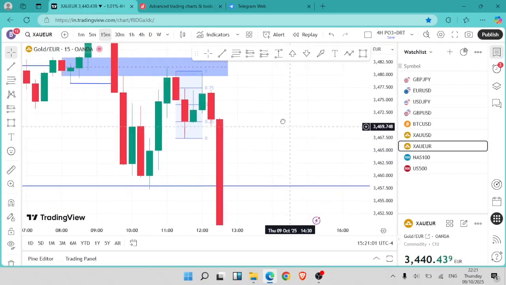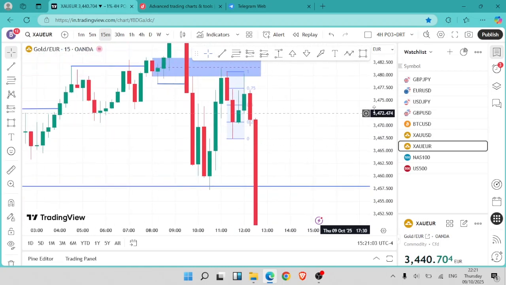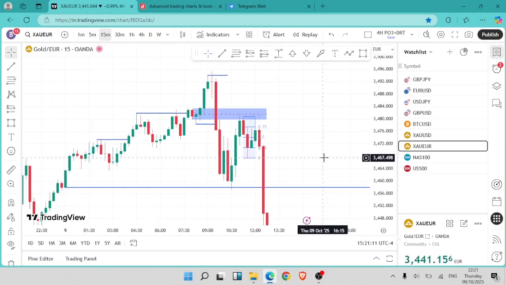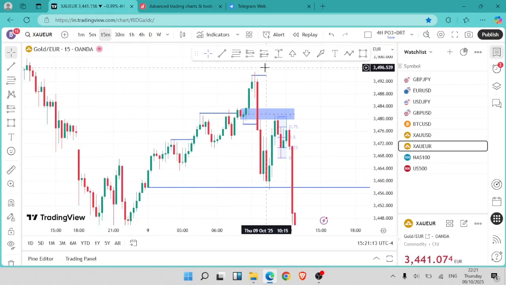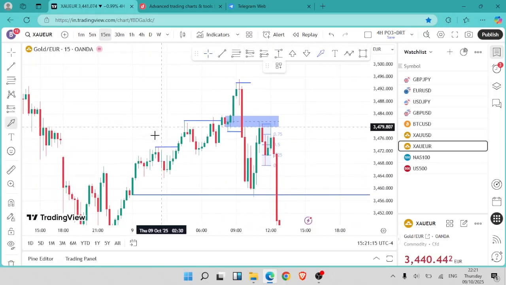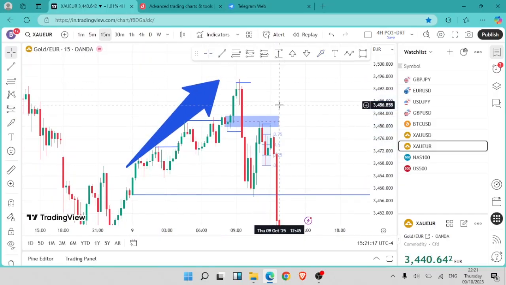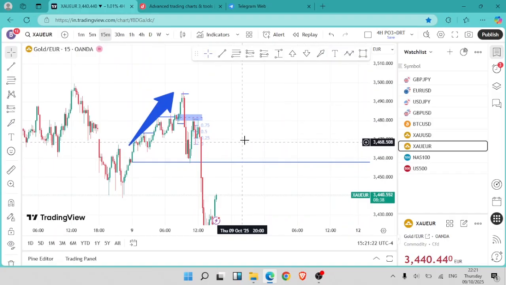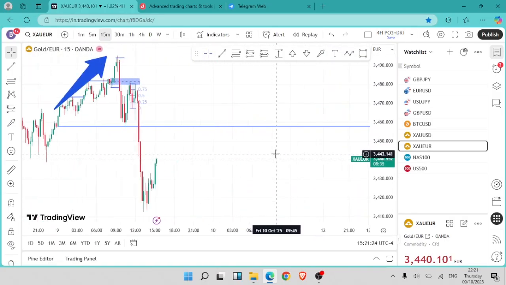So with that in mind, I want us now to go to this market structure shift here. It is giving us an idea that this upside move was the formation of the wick of the day. As you know how the candle forms, it opens, forms a high, and then forms a low, and then closes.